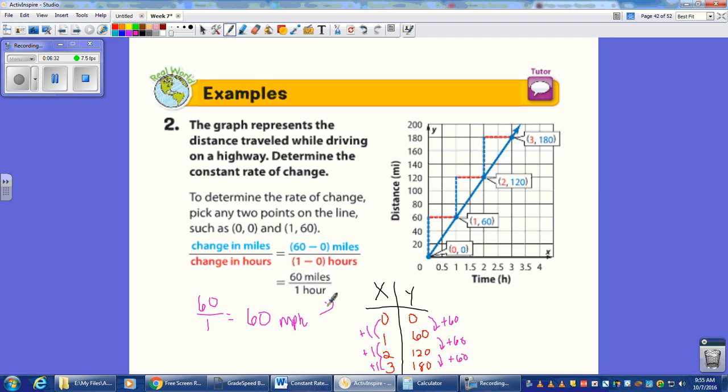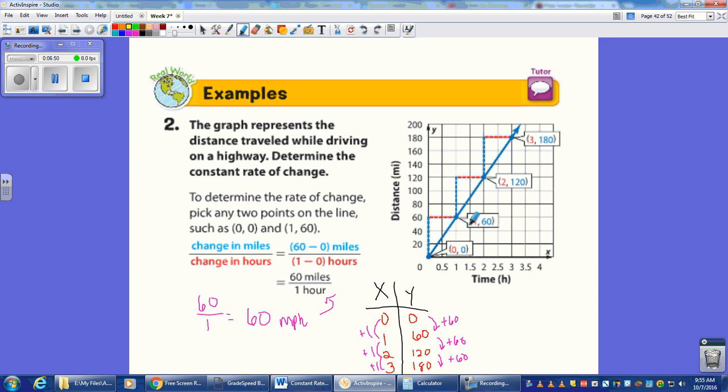I'm going to show you all a trick as well. Whenever you see the number 1 right here, that is saying that in 1 hour you travel 60 miles. Whenever you see that the x represents 1, then the y is actually your constant rate of change.